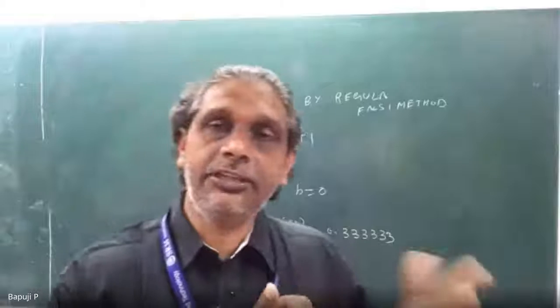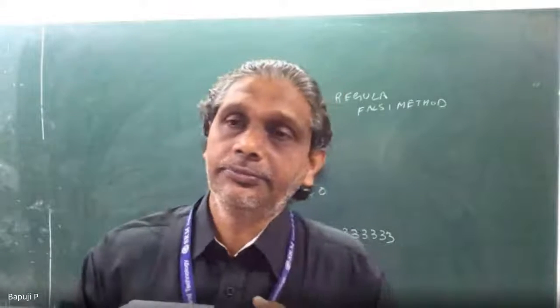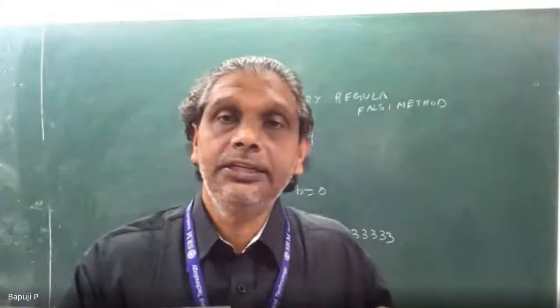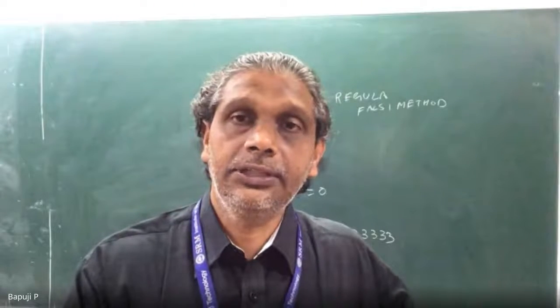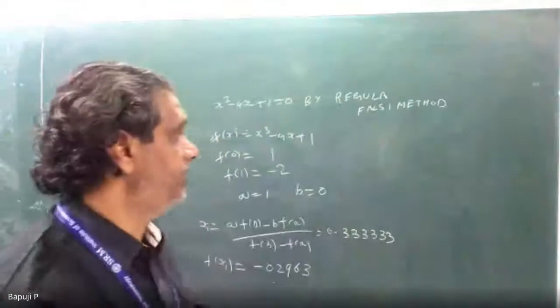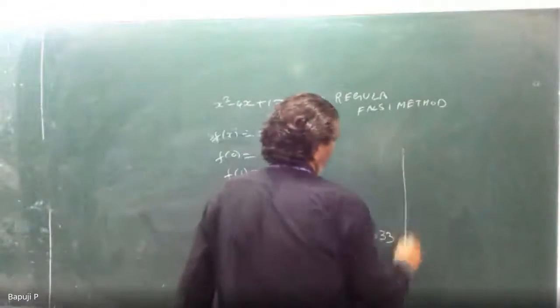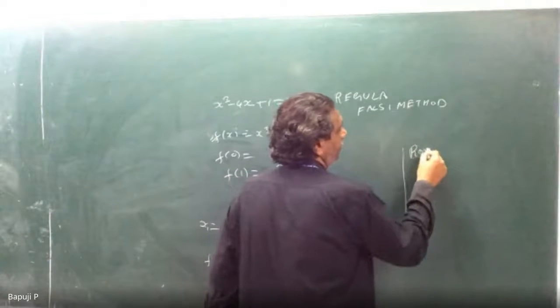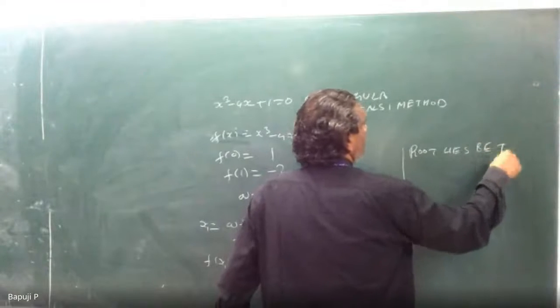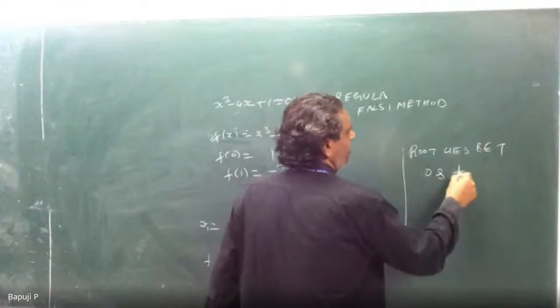As you said, you can keep 1 by 3 if you want, without loss of generality. Any problem? Now my root lies between what? If you do 3 or 4 problems, you will understand that.